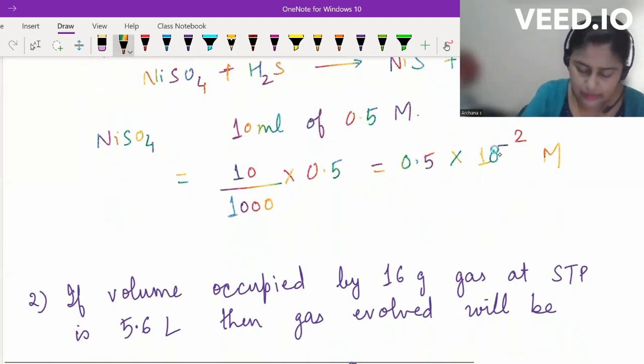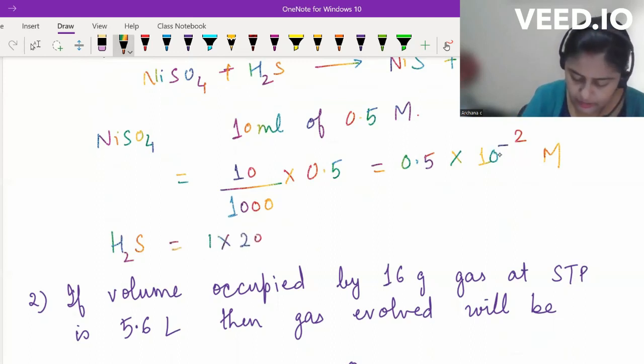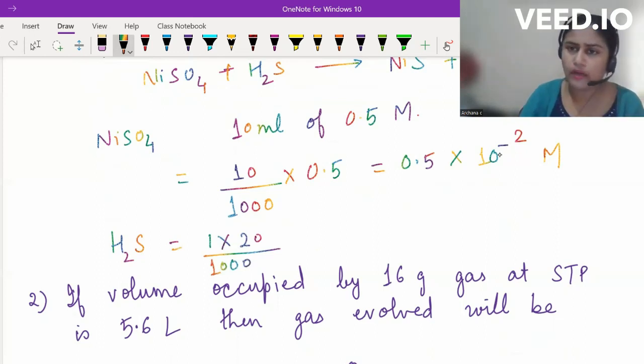Now, let us calculate the moles of H2S. You have 1 into 20, because the molarity of H2S is 1 molar and 20 ml of it is taken. That will be 2 into 10 to the power minus 2 moles.